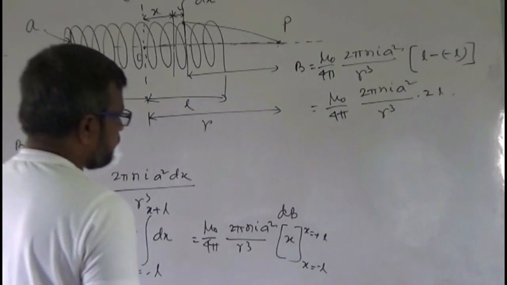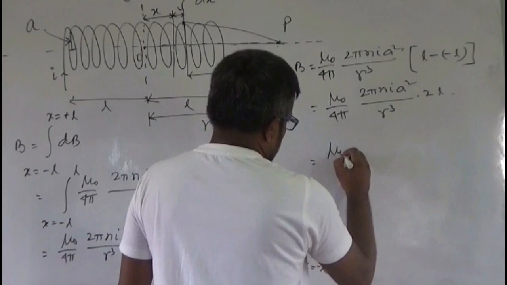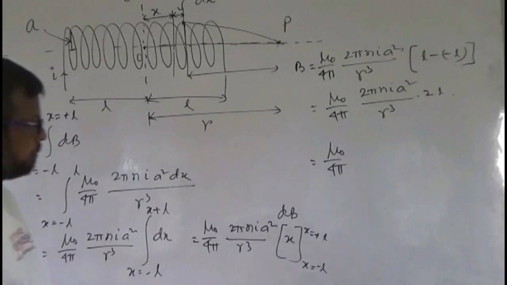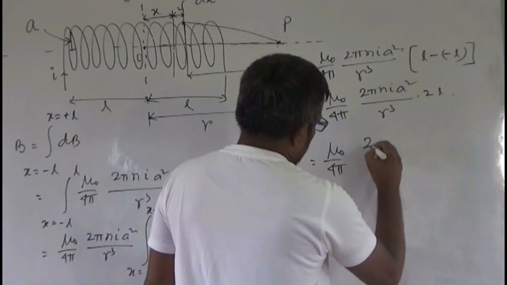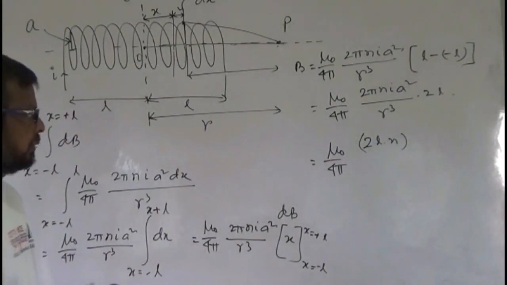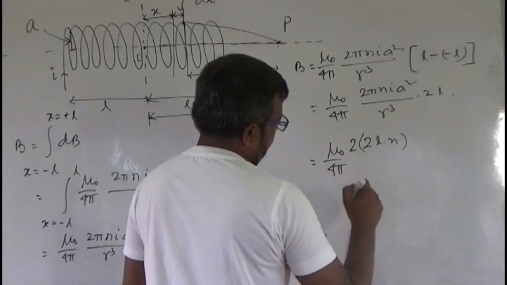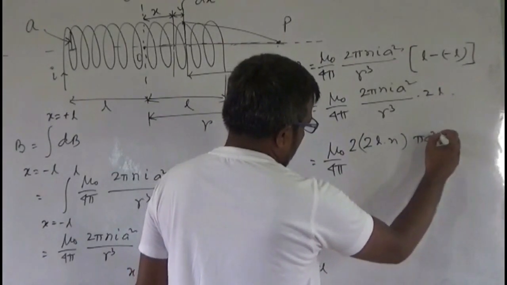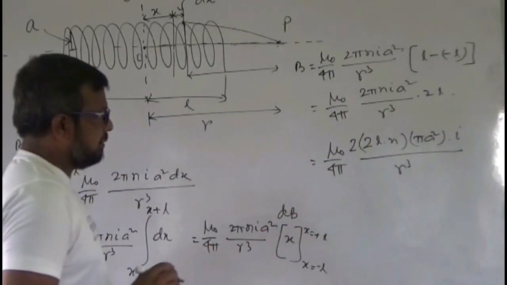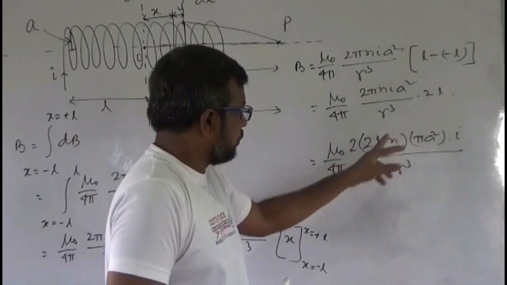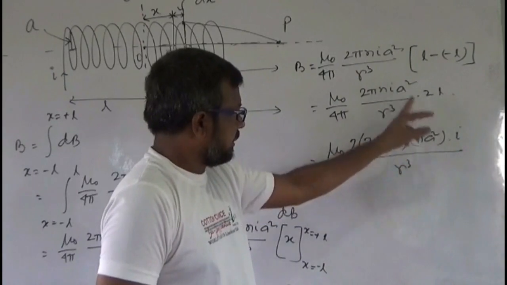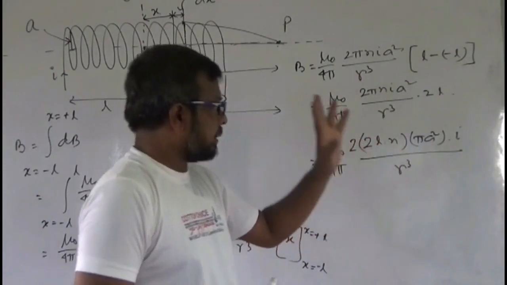Now mu naught by 4 pi, two L into n, into 2 here, into pi a square into I divided by r cube. All have been written. See here, this is 2, this is 2L, this is n, this is pi, this is a square, and this is I divided by r cube.